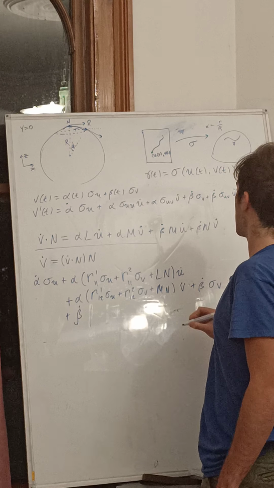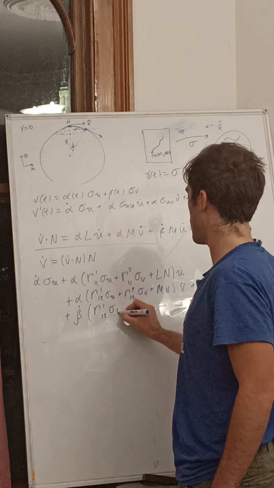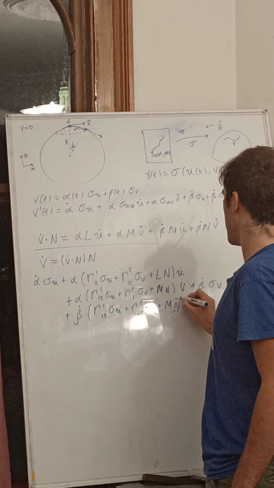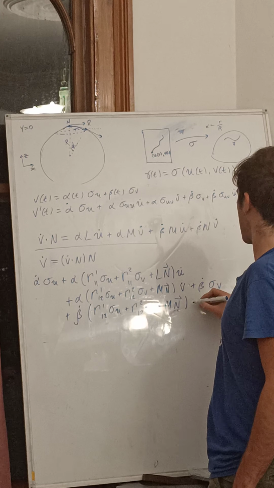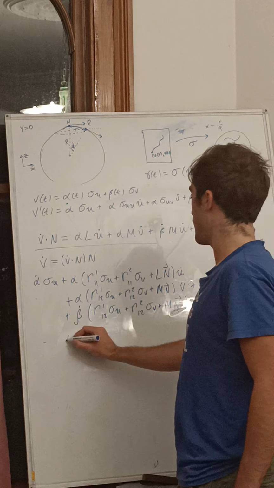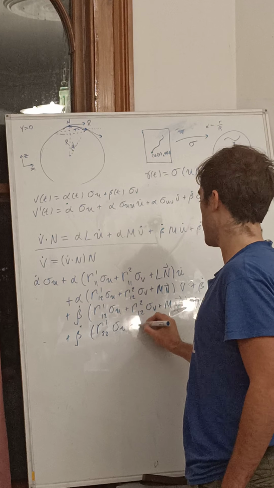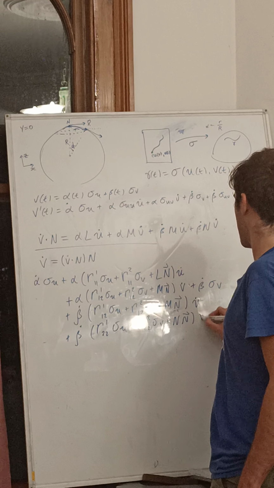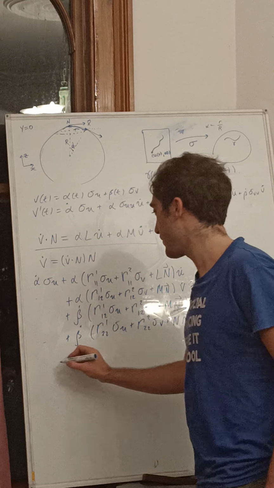That's easy. And so beta with gamma 1 1 2, this whole mess again, u dot, plus beta with gamma 2 2 1 v dot. That's the left hand side only.